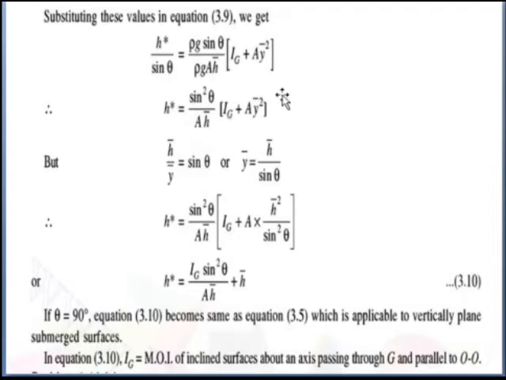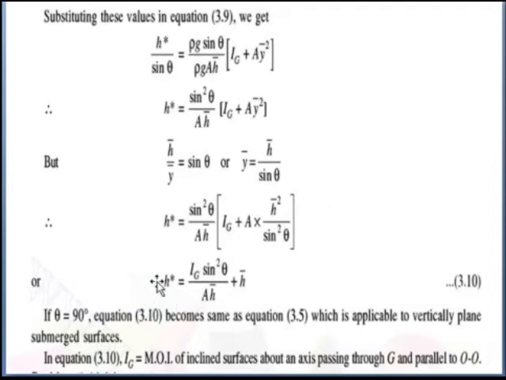We already know the relation h bar upon y bar is equal to sin theta, or y bar is equal to h bar upon sin theta. Putting the value of y bar into the above equation, we get h star is equal to sin square theta upon A h bar into bracket I G plus A, with y bar replaced by h bar, square upon sin square theta.